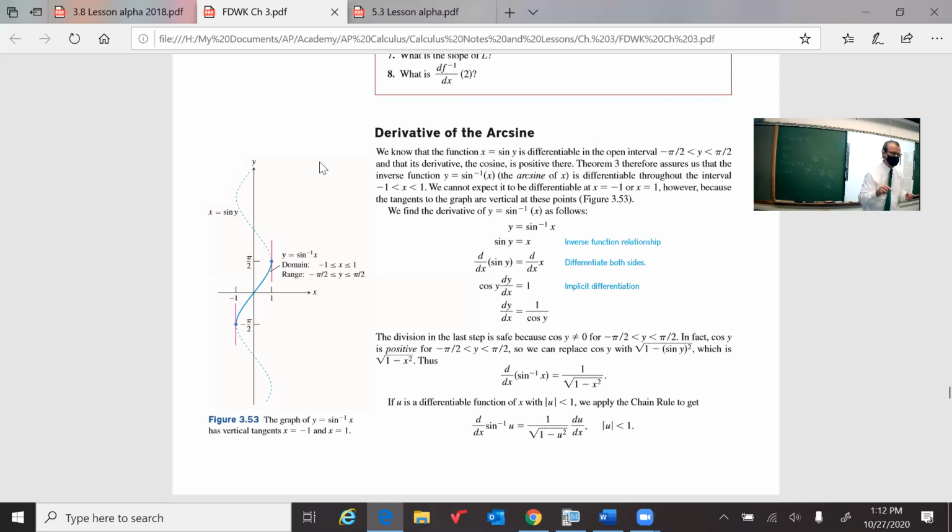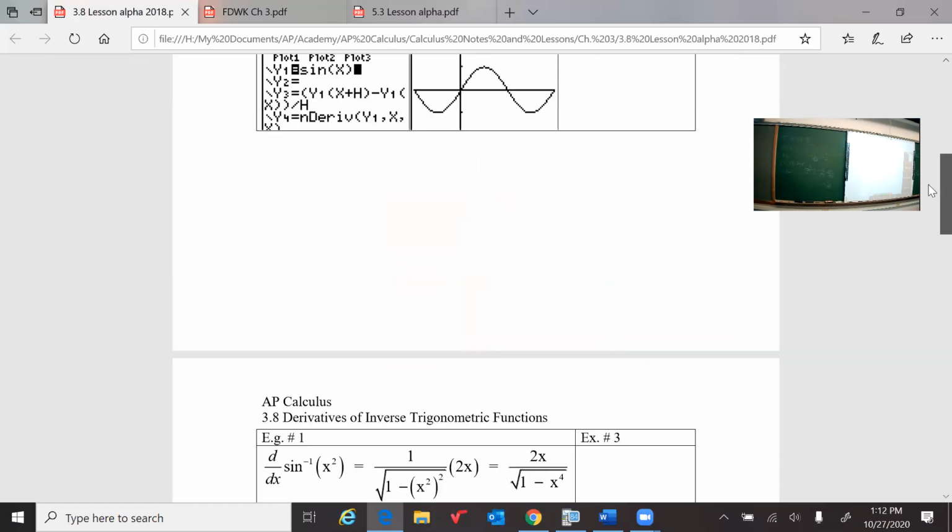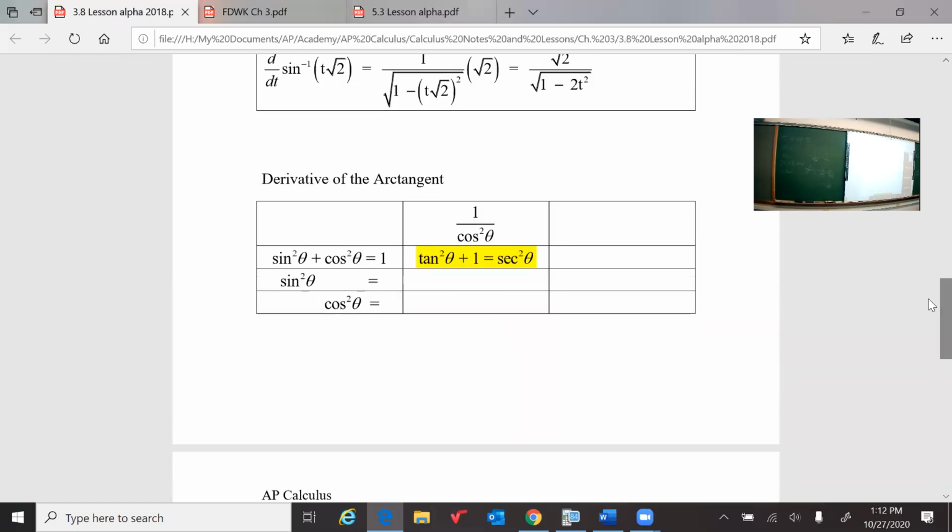And then they introduce the Pythagorean identity, which is cosine squared plus sine squared equals 1. They're going to use this here. Okay? So you learned these last year. You don't need to learn any more than one of them.